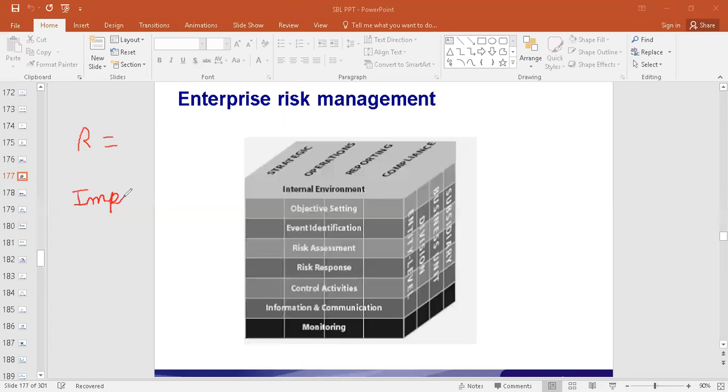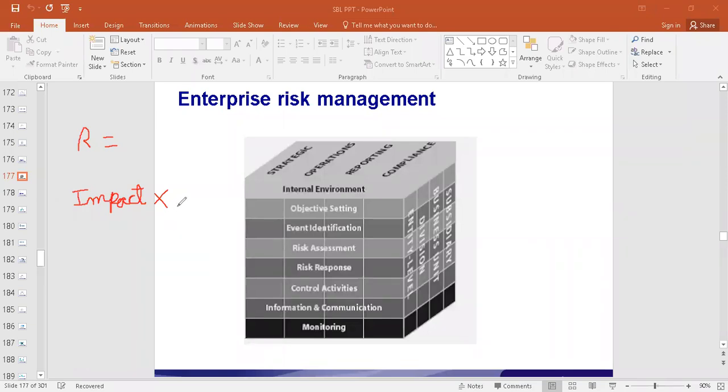So the happening of the event itself is not risk, but what impact the event has on the organization should be quantified. And the second variable is the likeliness of such a thing happening, which also has to be taken. The percentage chance of the happening of this event.